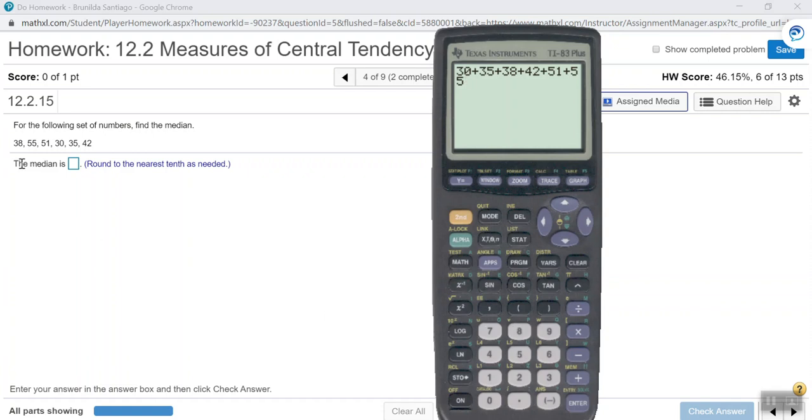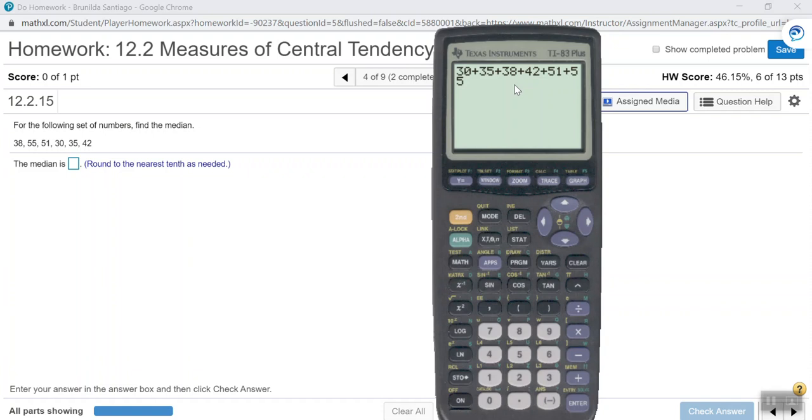So here we have 6 items in the data. The item that is in the 3rd position, in this case we have 38. And then if you count from 55 back, 55, 51, 42, notice that 38 and 42 are the 2 data that are in the middle.